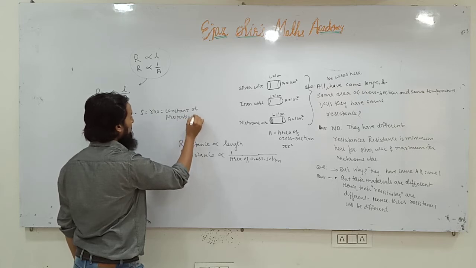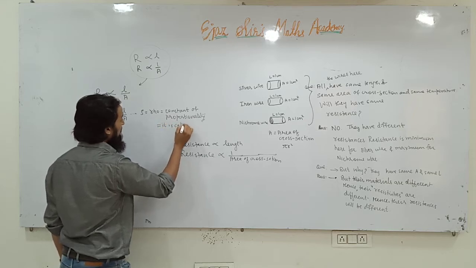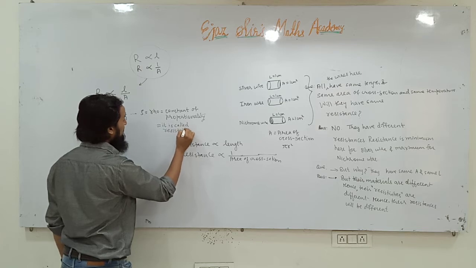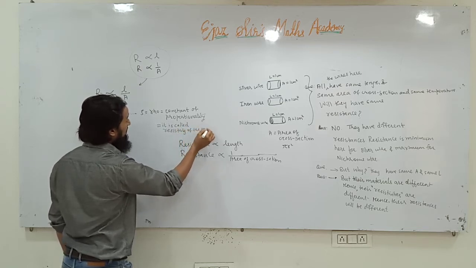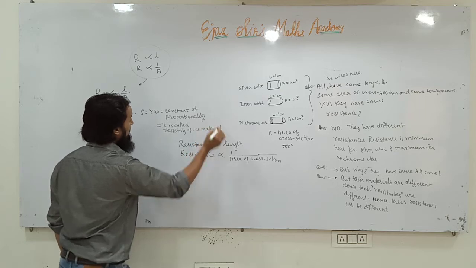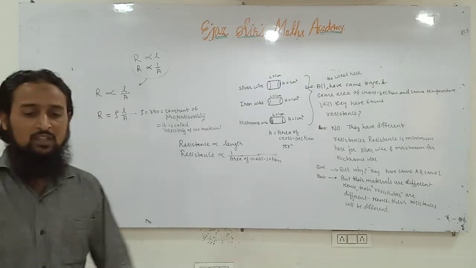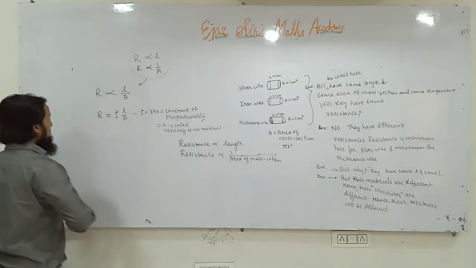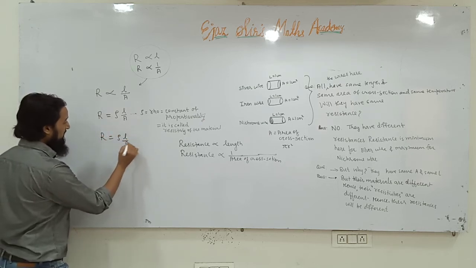It is called the resistivity of the material of the conductor, and resistivity for a particular material always remains constant.